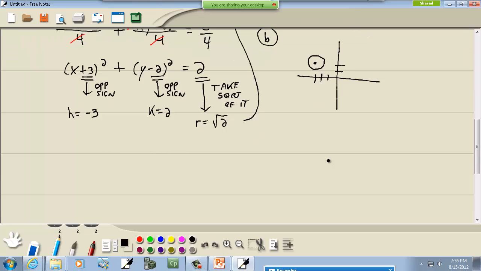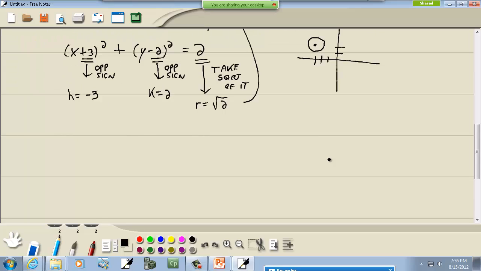Okay, so now let's look at our intercepts. We got x plus 3 squared plus y minus 2 squared equals 2. I've made these numbers up. Hopefully they don't all come up as oddball cases in this regard, but at least you see the steps.